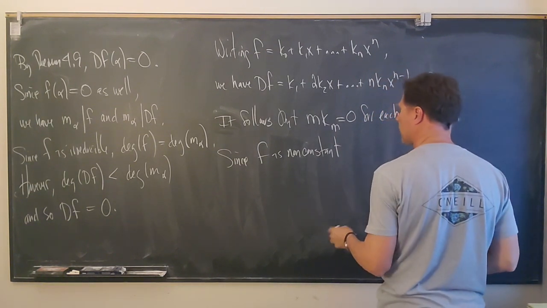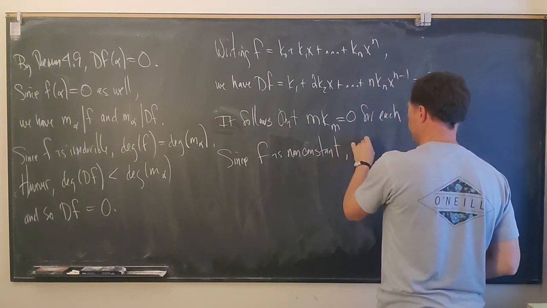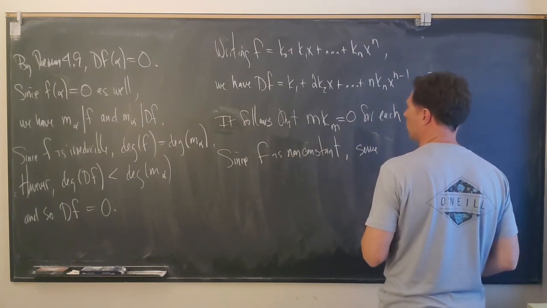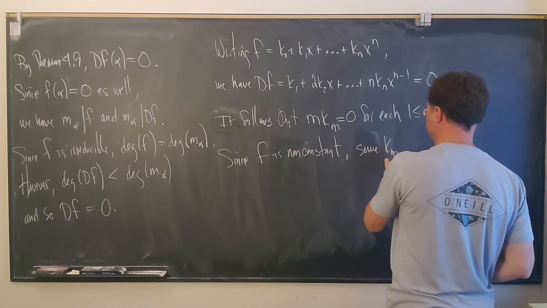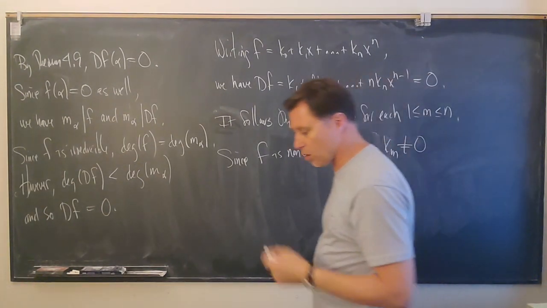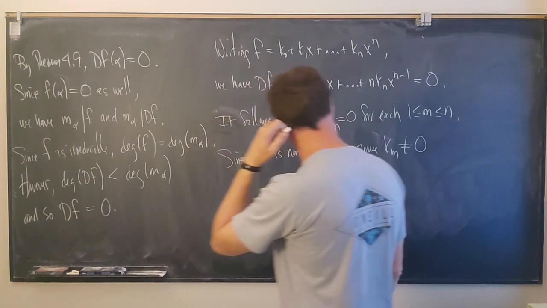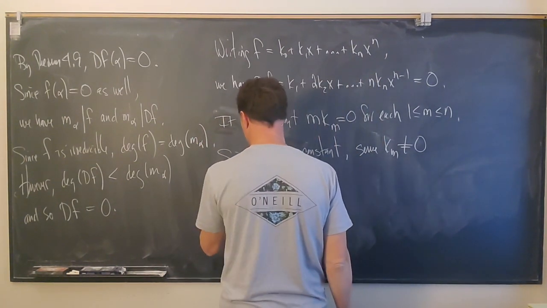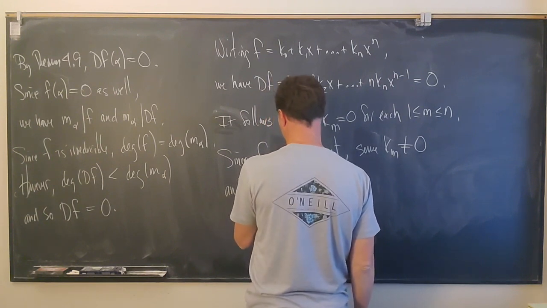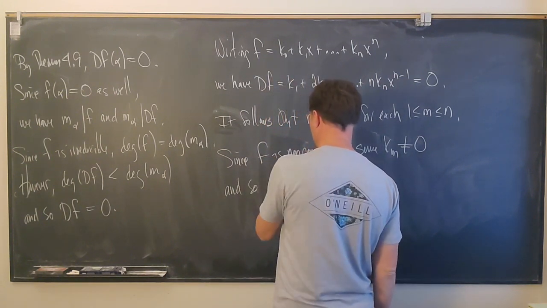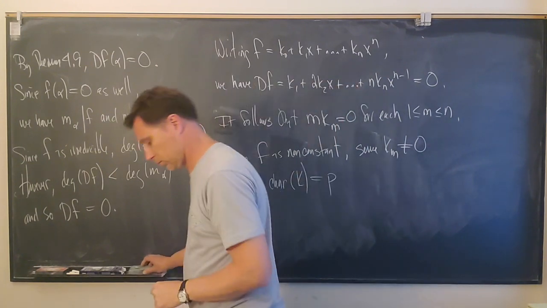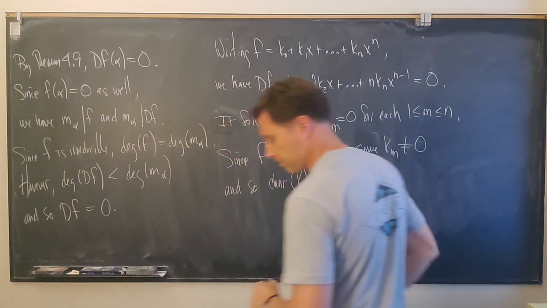So for some m, km is not equal to 0. And so that means that we have characteristic, and so the characteristic of k is equal to p for some prime p.